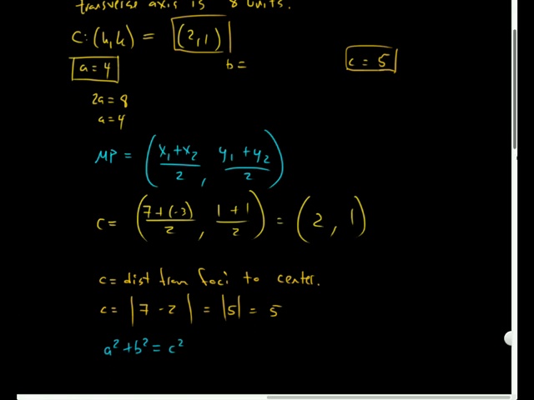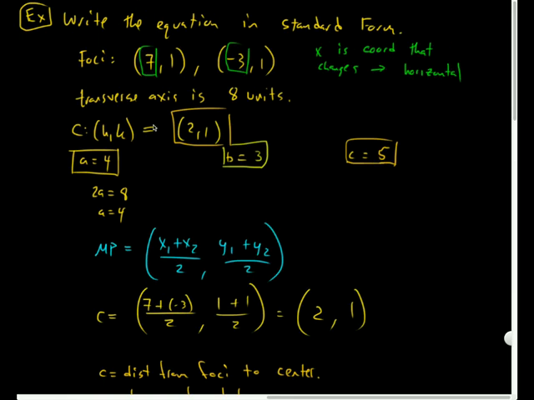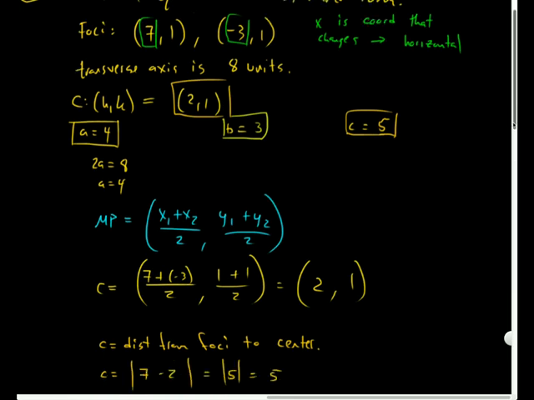I'm going to plug in what I know and solve for what I don't, a classic algebra situation. 4 plugged in for a is 16, plus b squared is equal to 5 plugged in for c, which is 25. Subtract 16 from both sides, that's 9, and b is going to equal 3. Technically it's plus or minus 3 regarding the algebra, but I'm merely interested in the positive since I'm talking about a distance. So now I've got everything I need to write the equation.